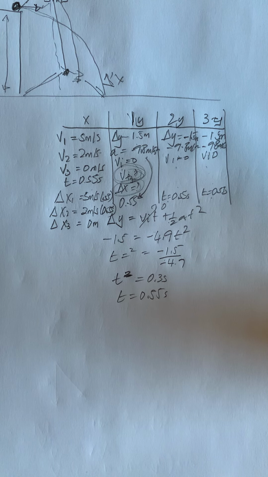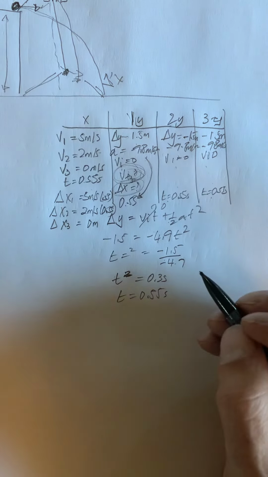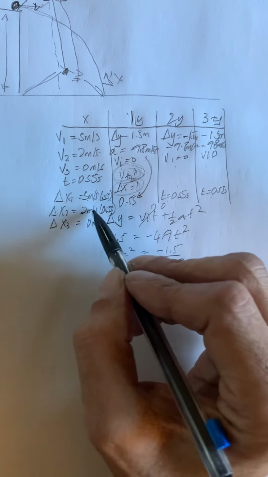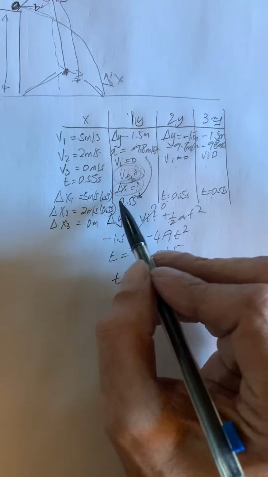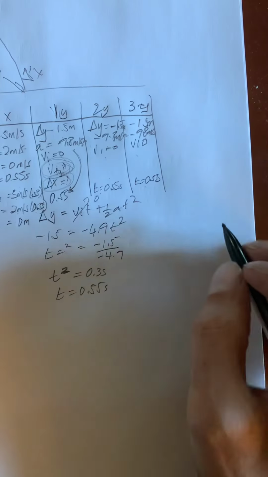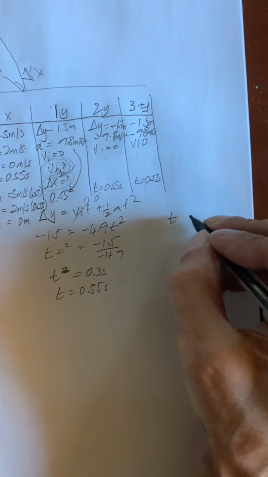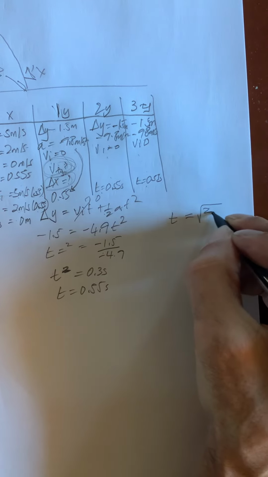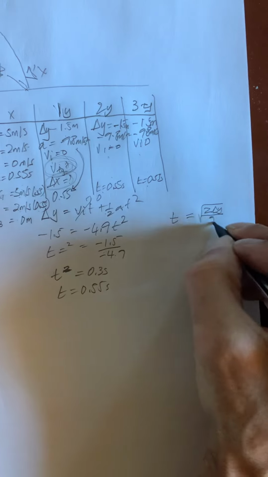And so if you were looking at the distance that is increasing or decreasing by, you'd basically find that we have a relationship here where t is equal to the square root of 2 times delta y over g.